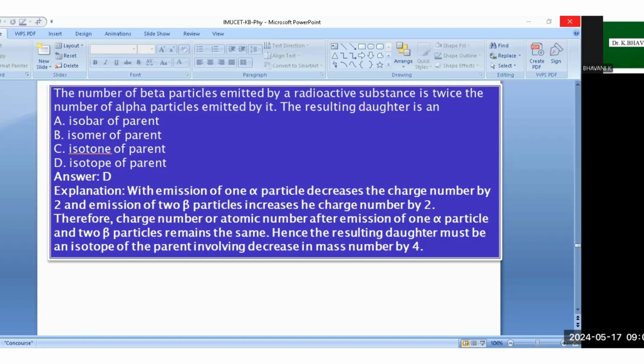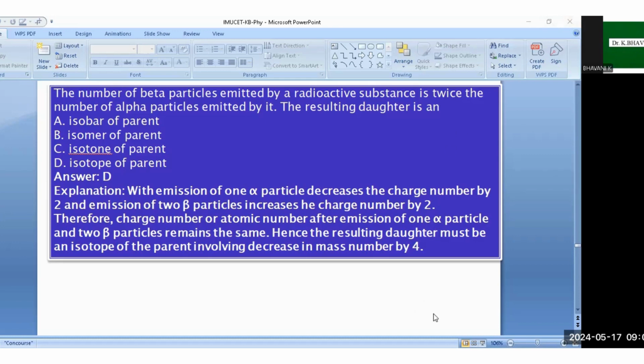What is meant by isotope? It is one of two or more species of atoms of a chemical element with the same atomic number. So these are the four definitions. Now coming to this particular question, the right answer is isotope of the parent.